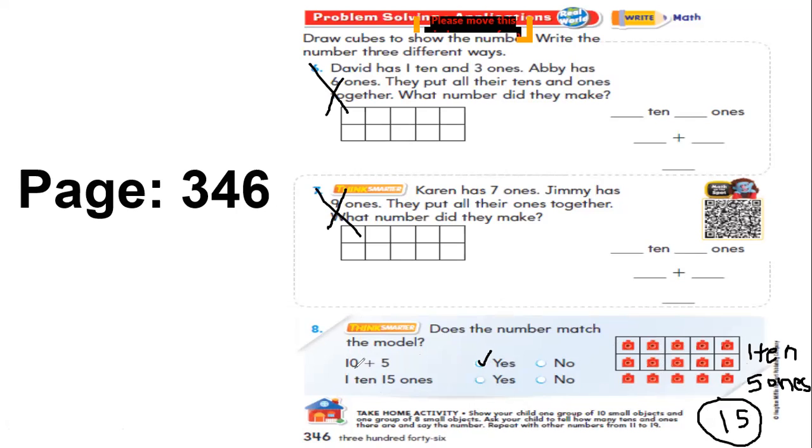And look at the next one. 1 ten and 15 ones. It is not 15 ones, it is 5 ones. So no. The next one will be no. It is not correct. So tick the first one as yes and the second one as no.